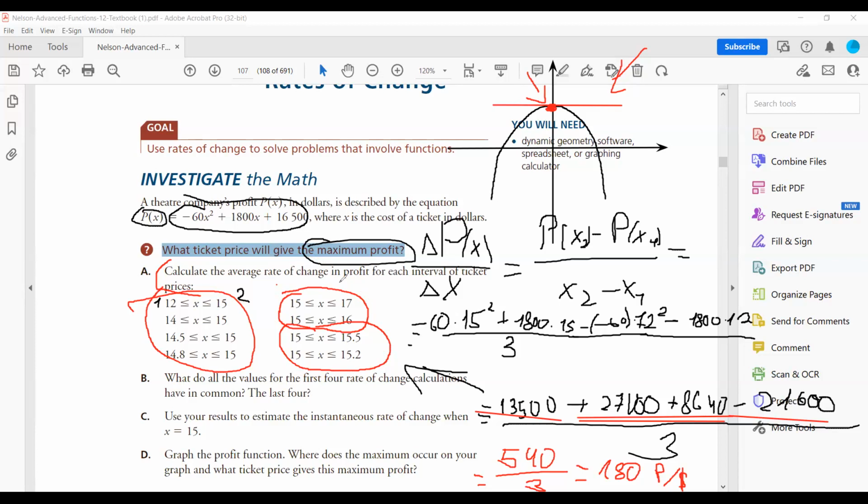Can you answer my question? Are you solving for other intervals or not? Okay, please continue.